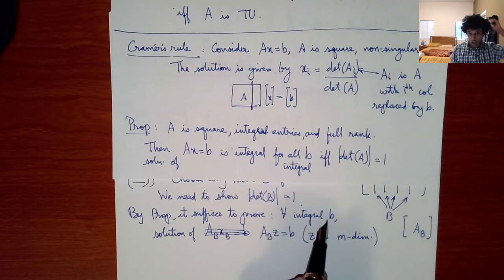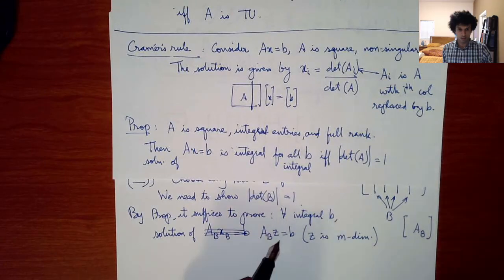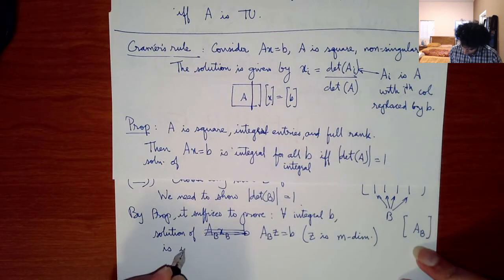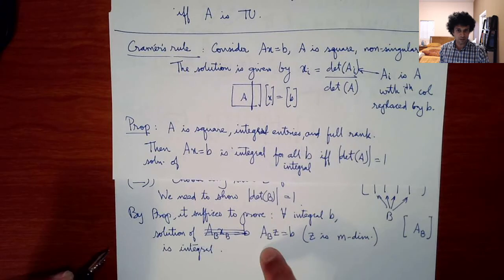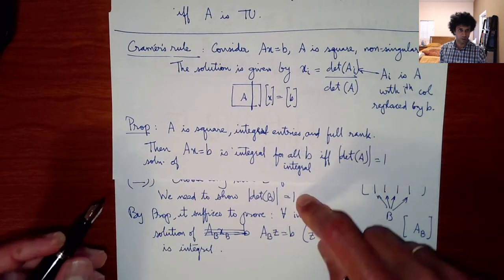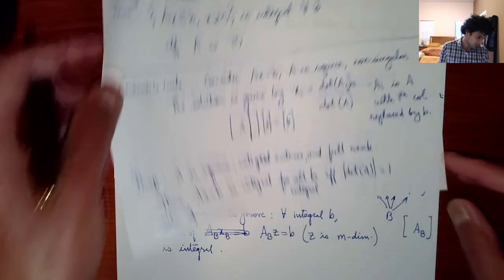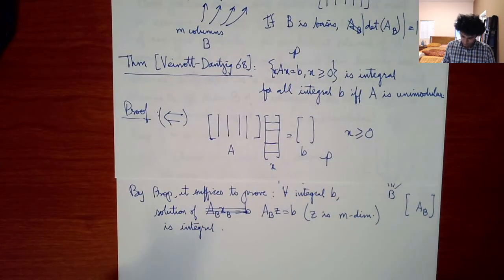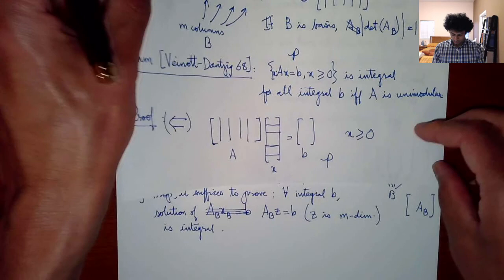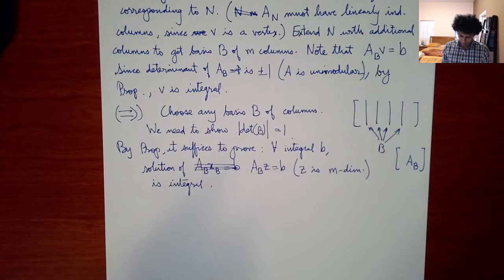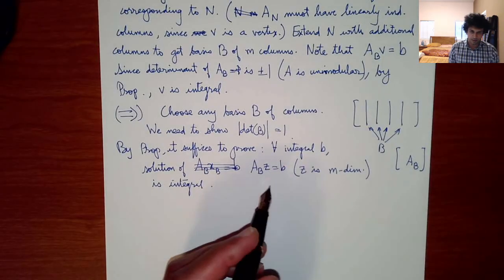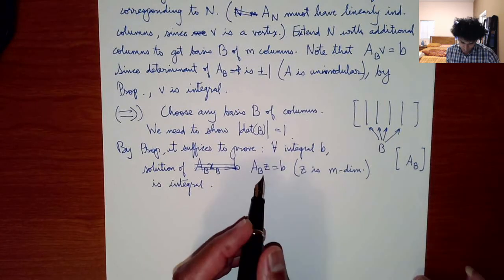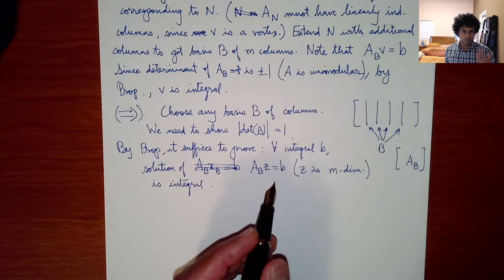If I prove for all integral b that the solution of A_B z equal to b is integral, then I'm done. So I'm just going to prove this fact, and the determinant is going to have an absolute value of 1 as a consequence. The key is to note that this is again essentially a vertex of the polytope.